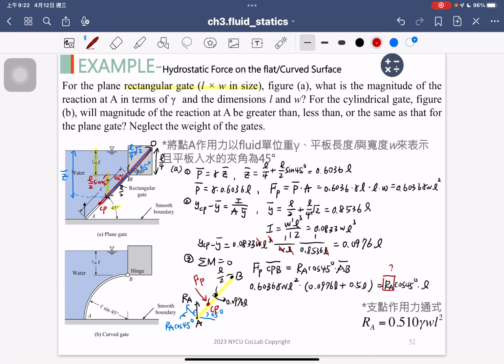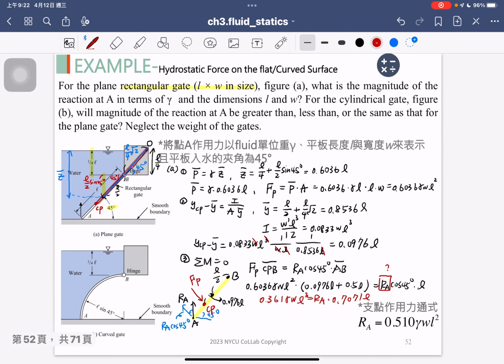The left hand side is 0.361 gamma W L cubed, which will equal RA times cosine 45 degrees times L, so 0.7071 and L.